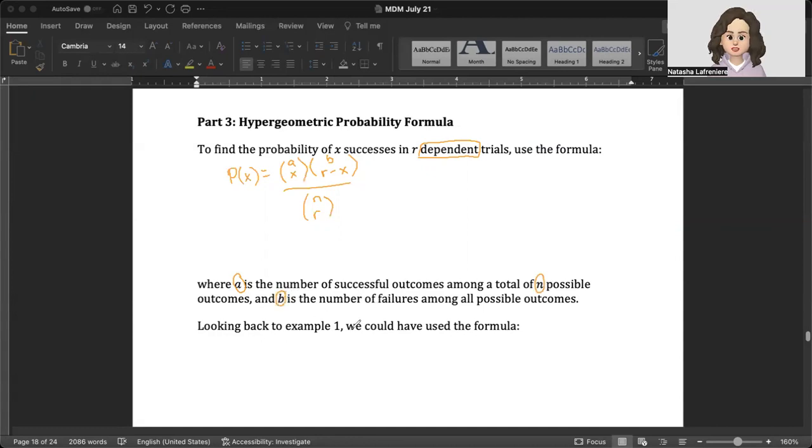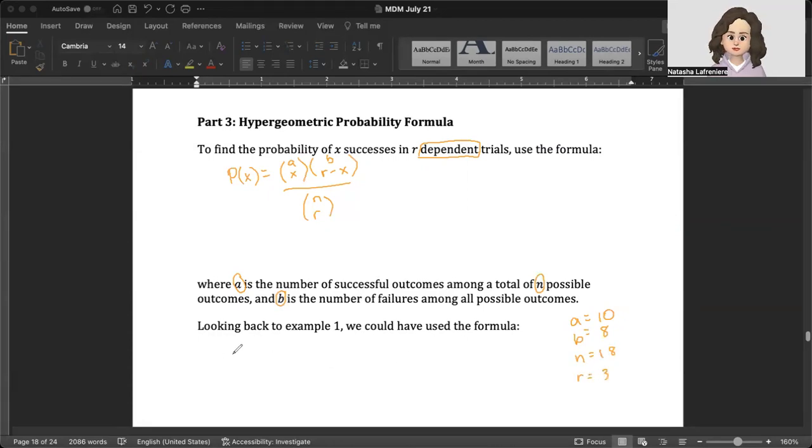Looking back at example 1, we could have used this formula. Our A, the number of successful outcomes, is 10. Our B, the number of failures, is 8. The number of outcomes is 18. And we've got our R, which is 3.